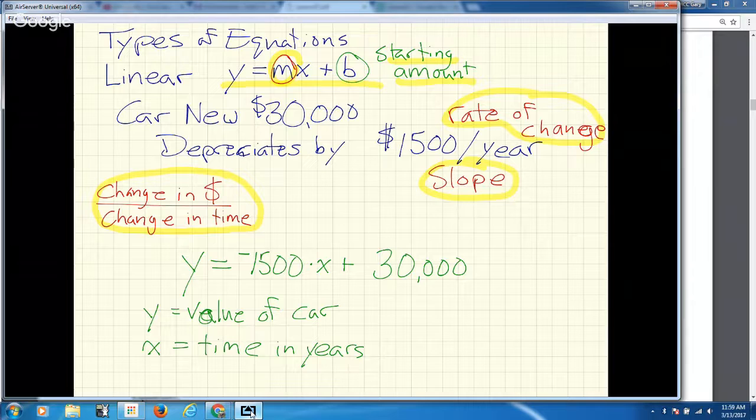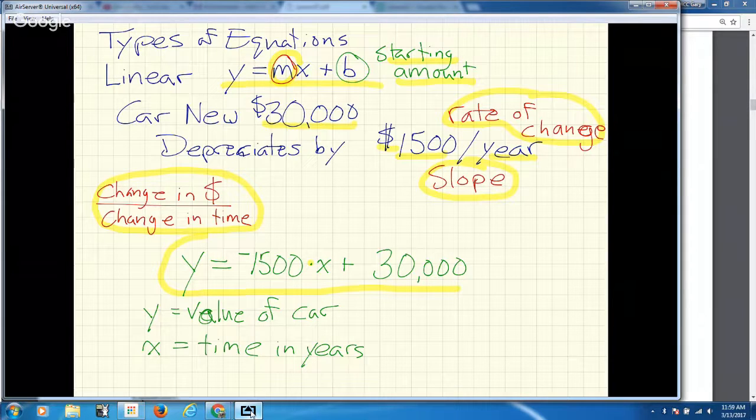So here, the amount the car is worth is dependent on the time that goes by. So if I take a new car starting at $30,000 and it depreciates by $15,000 per year, then my equation would end up looking like this one right here, where we have y equals a loss of $15,000 per year times the number of years plus the initial amount.